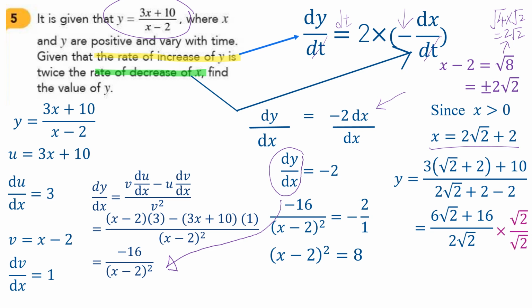I thought I simplified it because you see there's a 16 and 2, right? You can actually divide by 2. But anyway, never mind. We rationalize it first with square root 2 over square root 2. Then you can just factorize 4 out from the numerator.